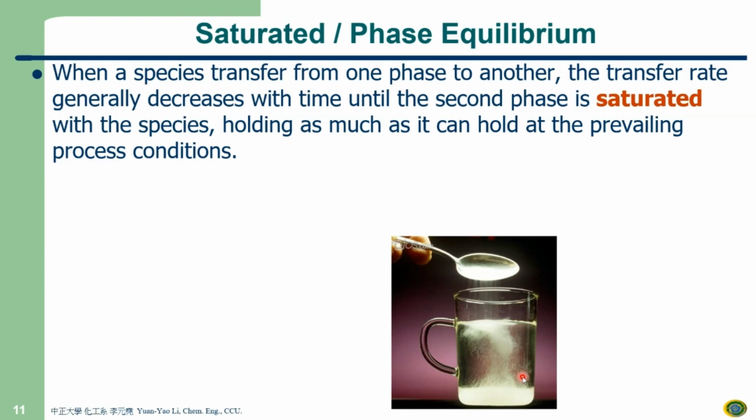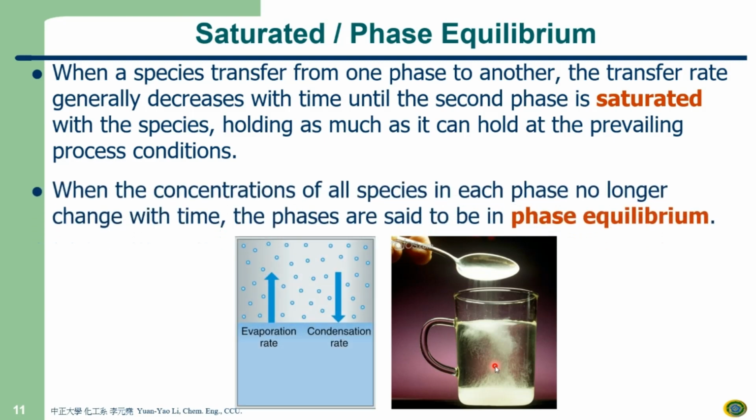So when a species transfers from one phase to another, the transfer rate generally decreases with time until the second phase is saturated. You know, when you put the salt into this water, the dissolving speed will be very fast in the beginning, but very slow in the end, because the second phase, the water phase, will reach saturation, holding as much of the species as it can hold at the prevailing process conditions.